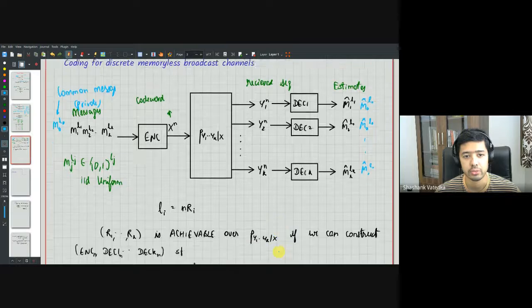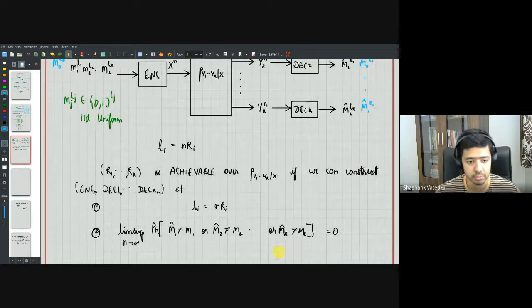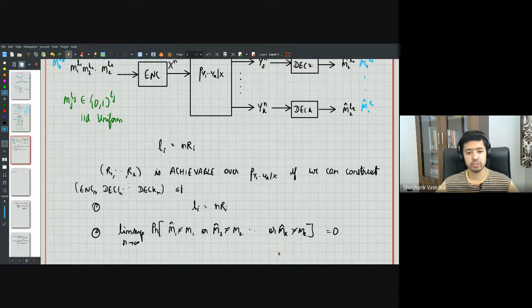Okay. So this is the problem setup, and our goal is to understand what set of rate tuples are achievable.